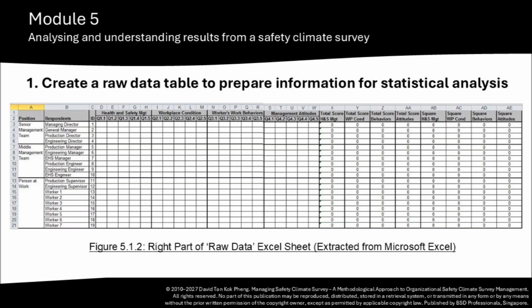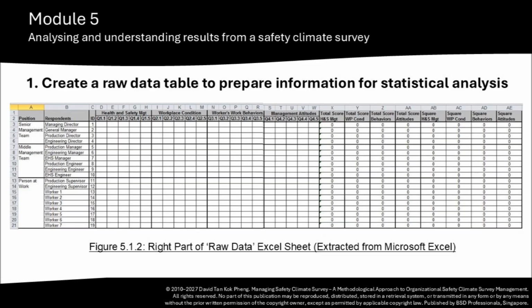In column Z, enter Total Score of Workers' Safe Behaviors, with the formula equals sum, N3, and in column AA, enter Total Score of Management's Attitudes, Values and Beliefs, with the formula equals sum, S3. To apply these formulas for all respondents, simply copy the first row downward to the remaining rows.